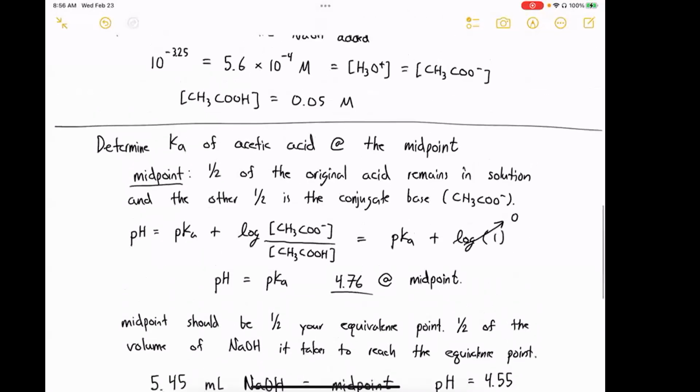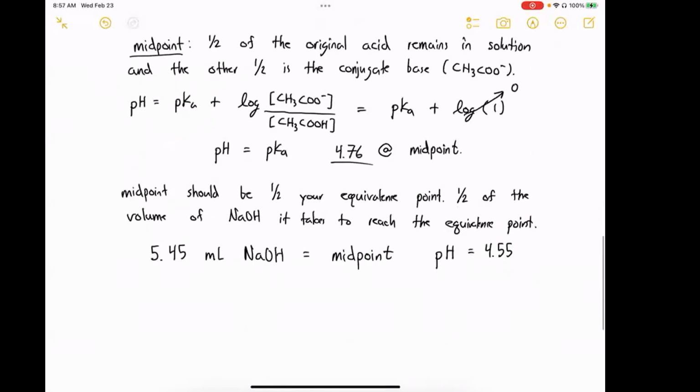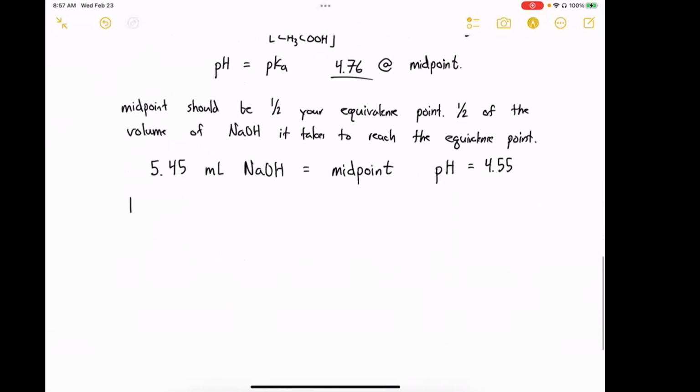So remember our expression Ka equals H3O+ over acetate divided by our concentration of acetic acid on the bottom here.